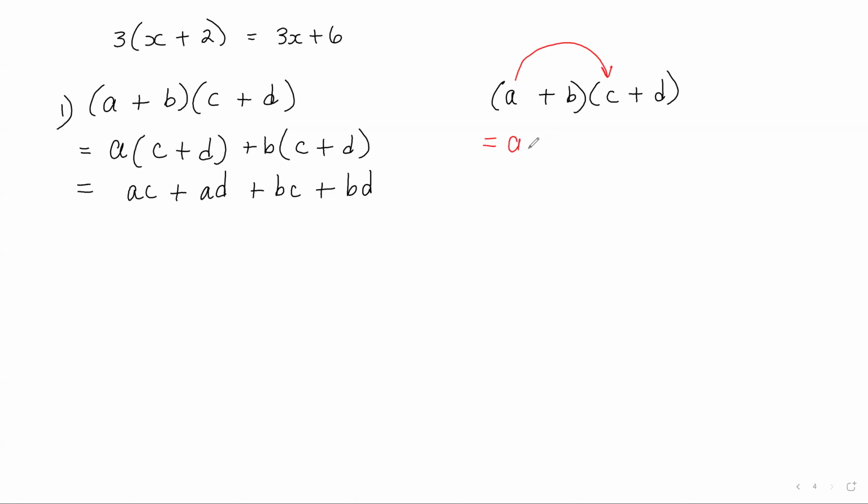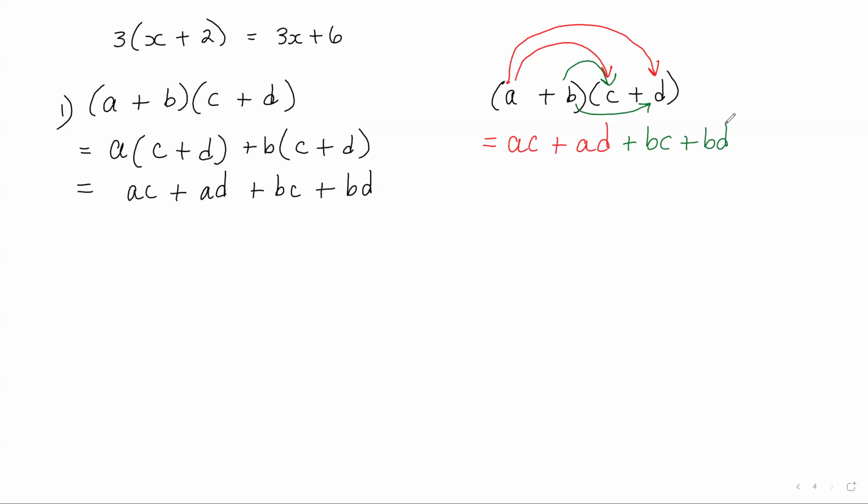That will give me AC. And then you take that first term in the first bracket and multiply by the second term in the second bracket. So A times D will be AD. And then you take the second term in the first bracket, multiply by the first term in the second one. So B times C is BC, and then B times D.